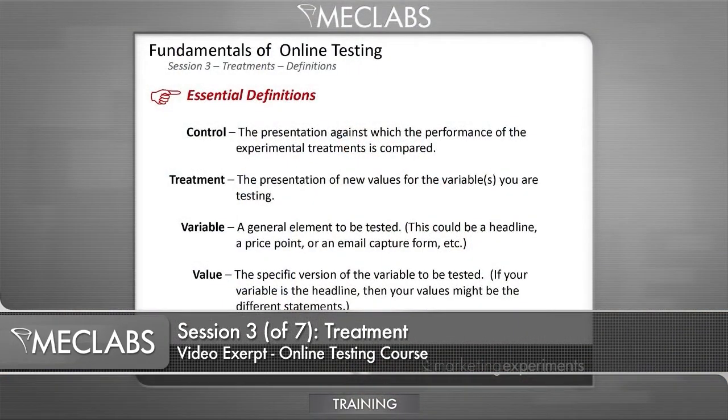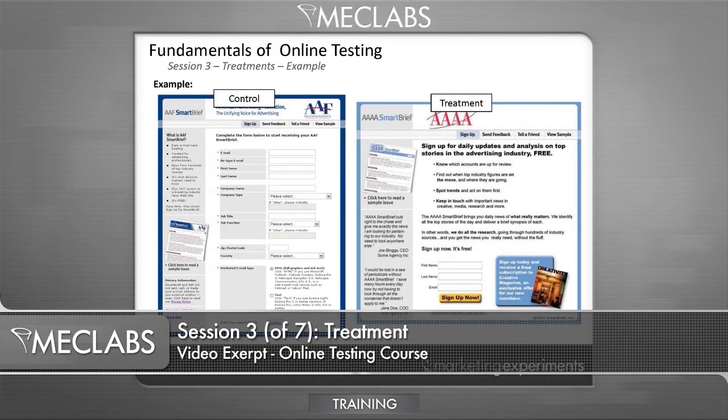Those would be different values, okay? Or they might even be the shapes of the buttons. So you have a general element to be tested, and then you have the specific version. That's the way to sort of remember it. The general element and the specific version. Now, let's look at the control and the treatment here.